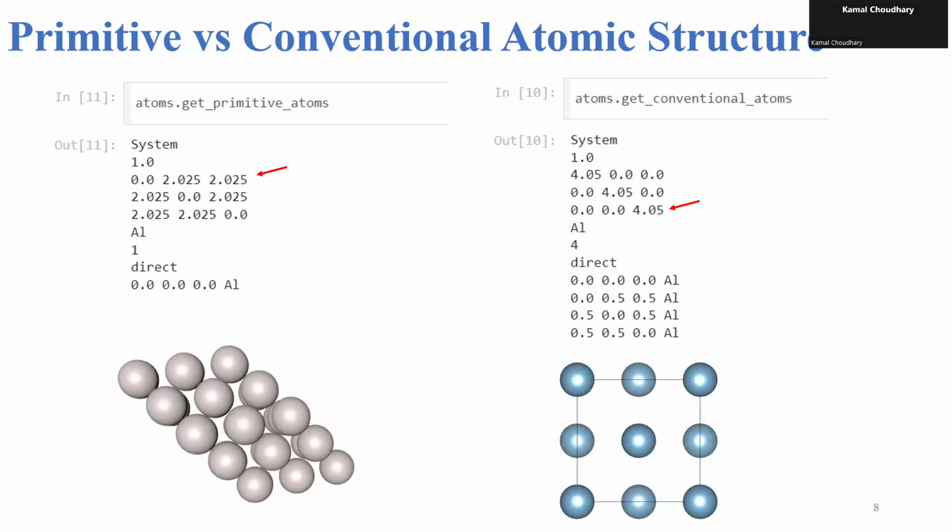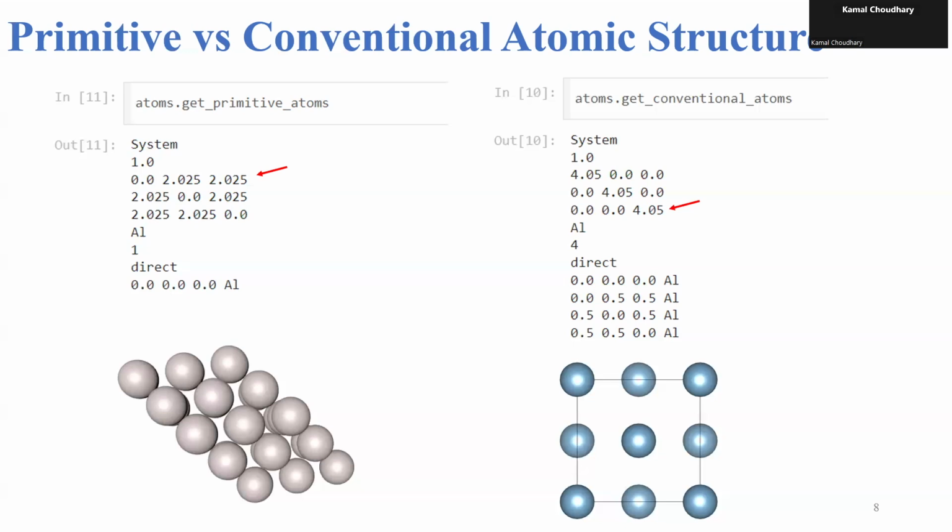On your right-hand side, I show you the more conventional or standard way of showing aluminum. You can see 4.05 angstrom is basically the lattice constant of aluminum, and it's given in the 1,1, 2,2, 3,3 components of the lattice constant matrix. In addition, we have 4 atoms in the conventional cell instead of 1 in the left-hand side.